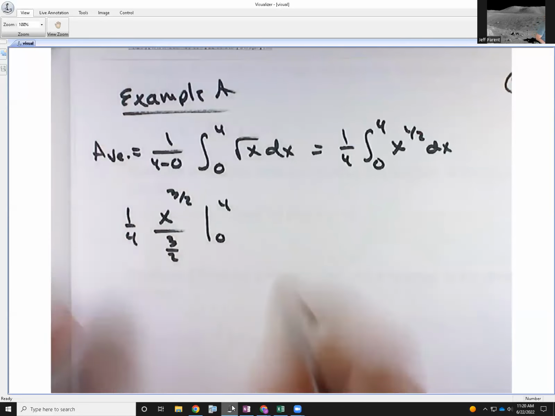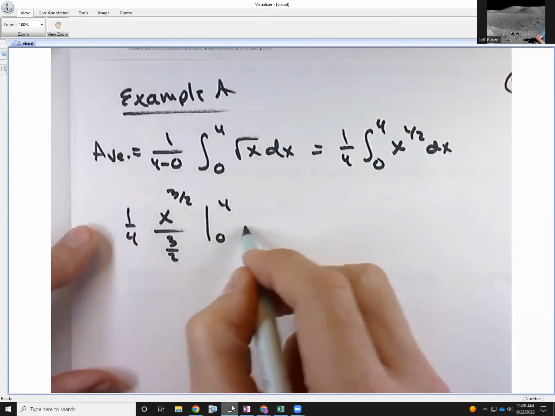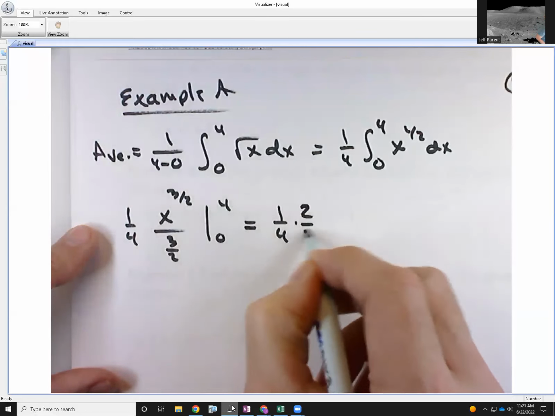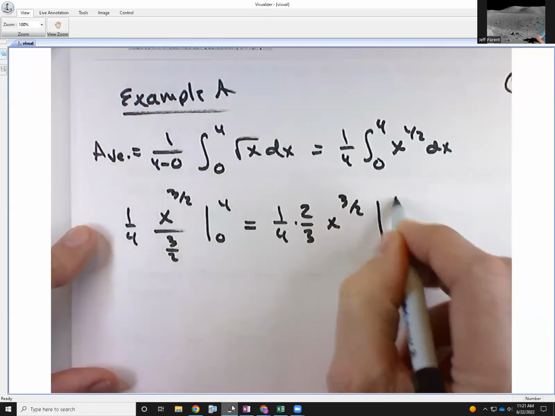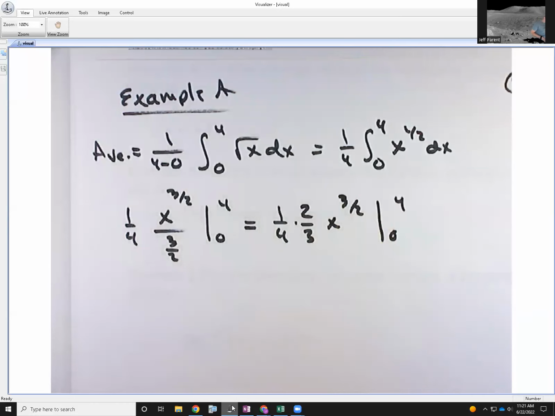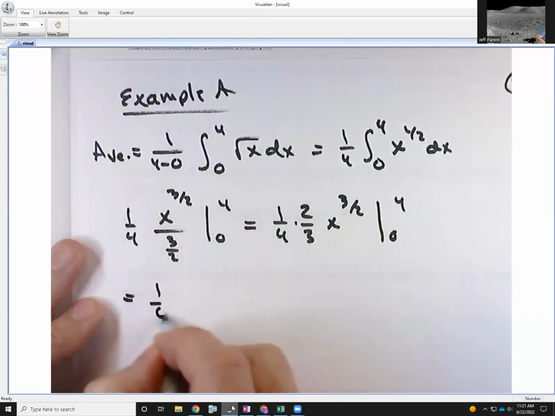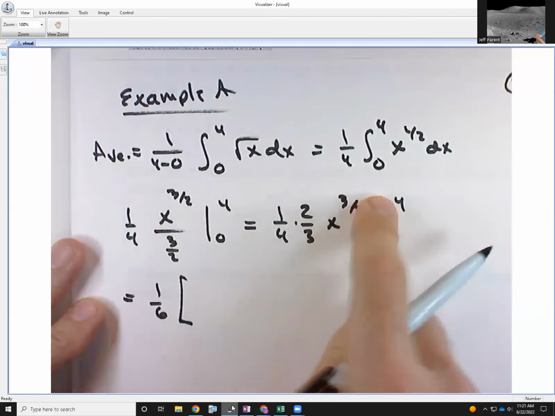To continue to clean this up, dividing by a fraction is like multiplying by the reciprocal. So there's going to be 1/4 times 2/3 times x to the 3/2 between 0 and 4. And you can clean that up a little bit if you'd like. It's really going to be 1/6 times x to the 3/2.